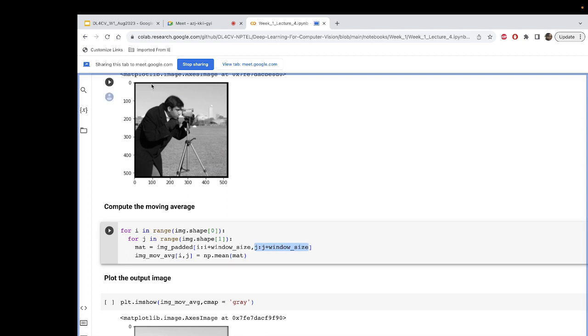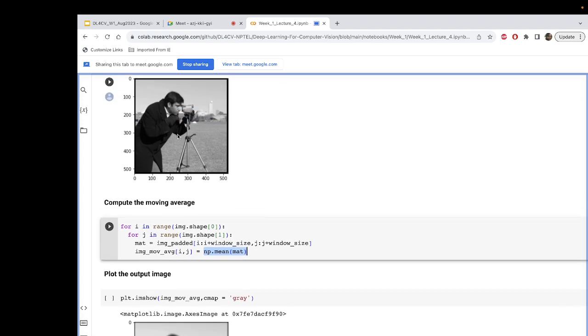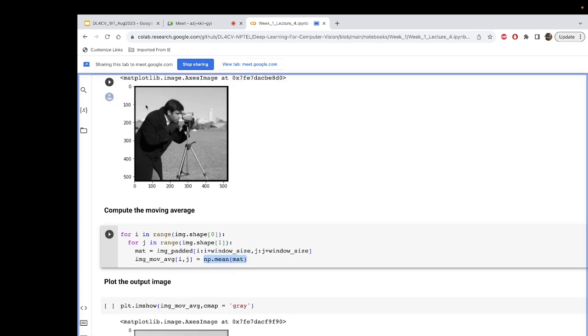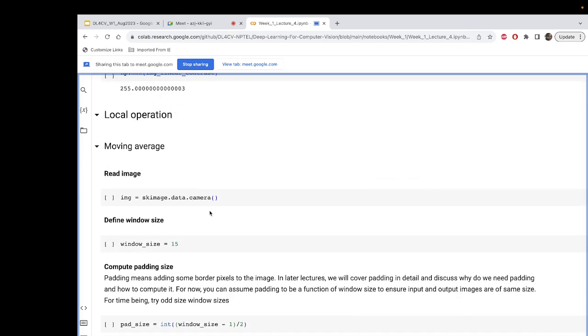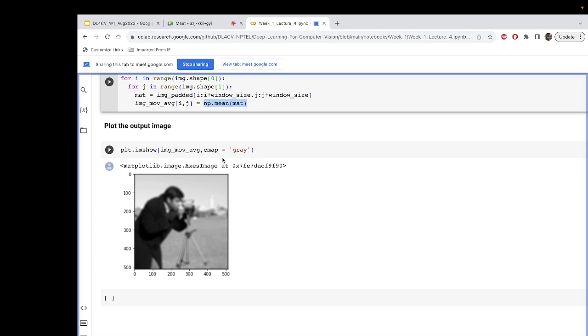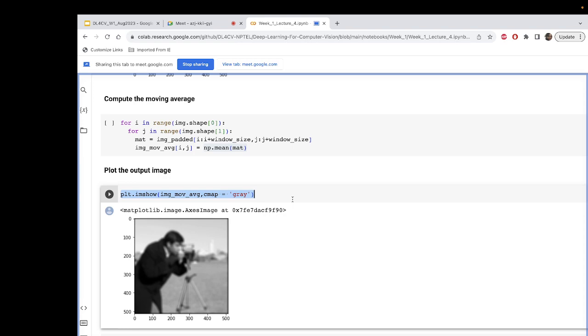On the image moving average at the ijth position you have selected, you put the mean of this particular matrix. So instead of a linear filter, you have a function that you compute on the image patch that you have chosen. This is what is known as local operations. At the end we see that the plot looks something like this.